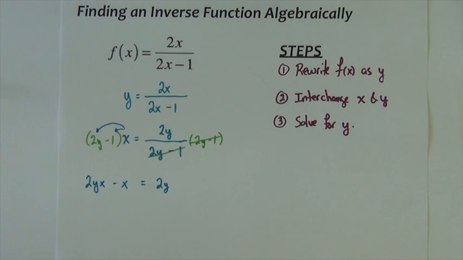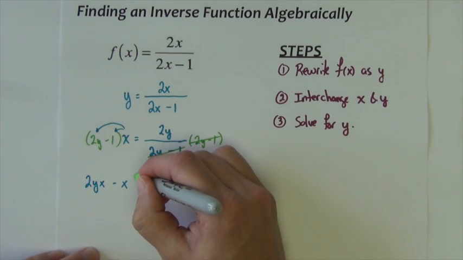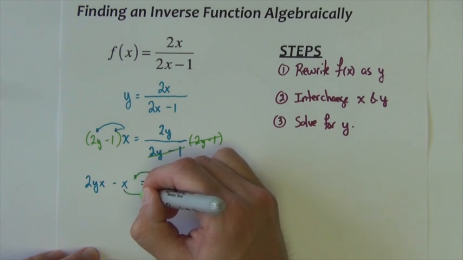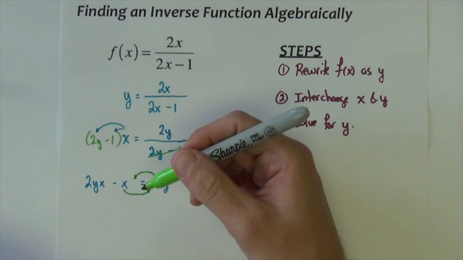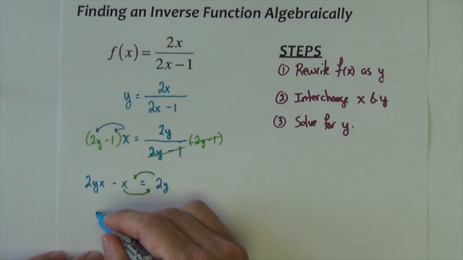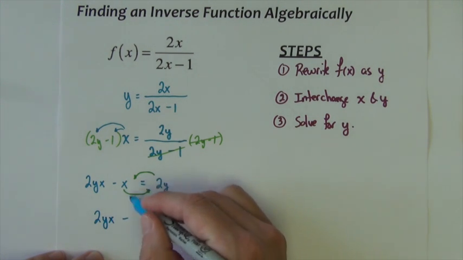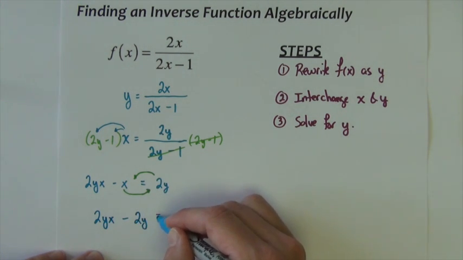Now I'm going to get all my y's on one side, all my non-y's on the other. So this term I'm going to bring over here. This term I'm going to move this direction. Just using the arrows there, I'm going to skip writing underneath it the steps. So I'm going to have 2yx. That 2y comes over by subtracting it.